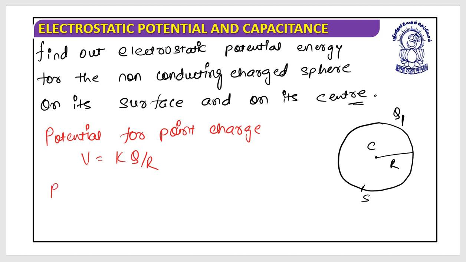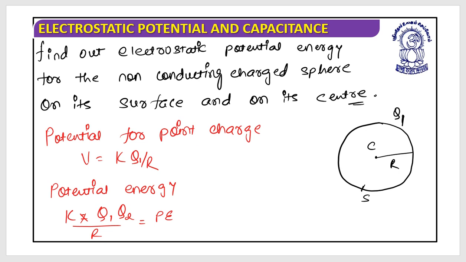And what is potential energy? It is k multiplied by q1 multiplied by q2 divided by r. Let's say this is kq1.